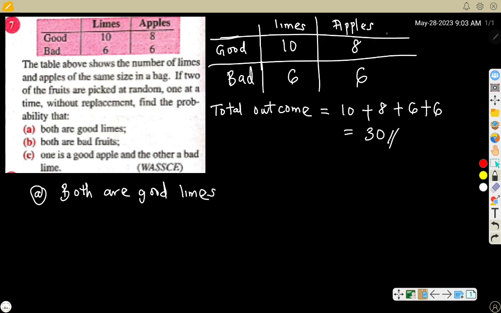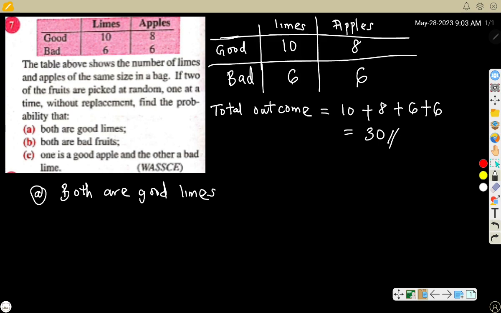So the table is what you see here. We have good limes 10, good apples 8, bad limes 6, bad apples 6.